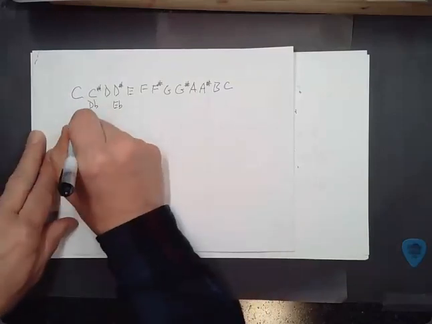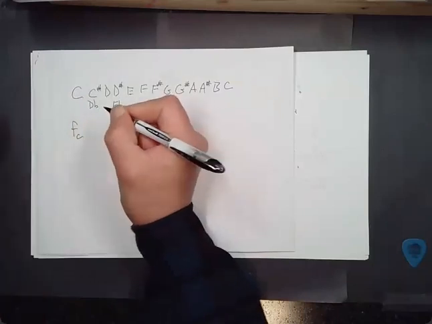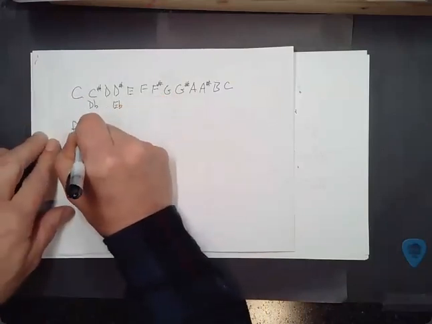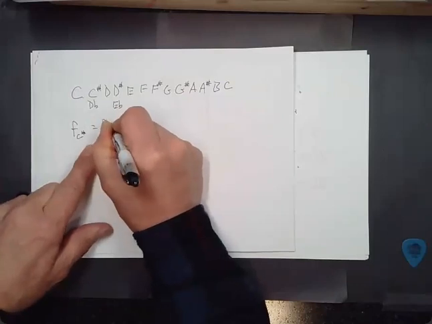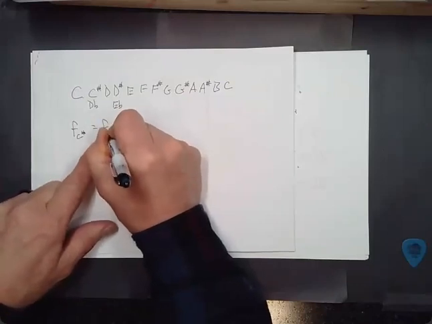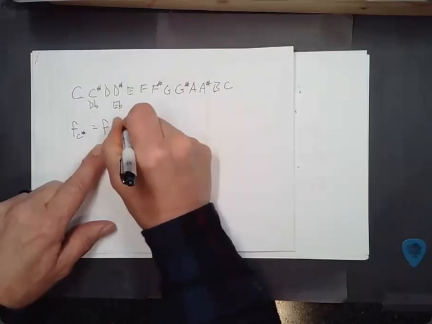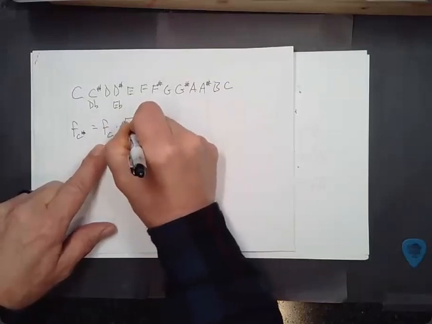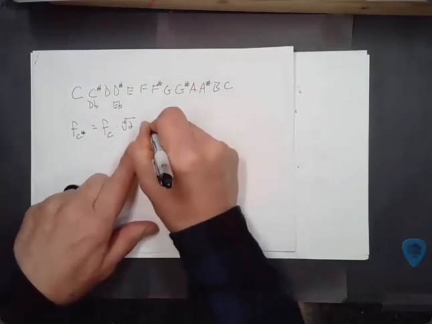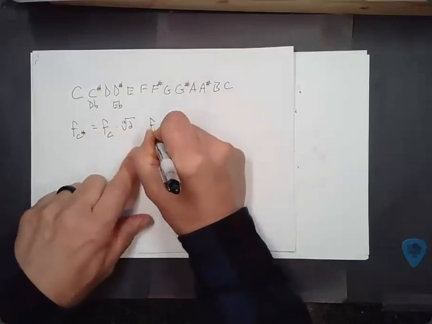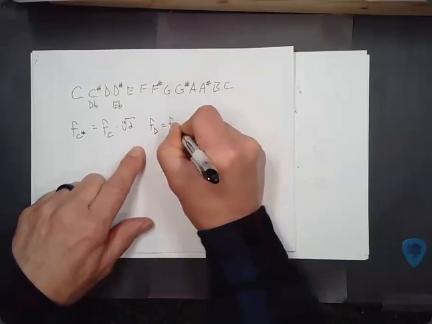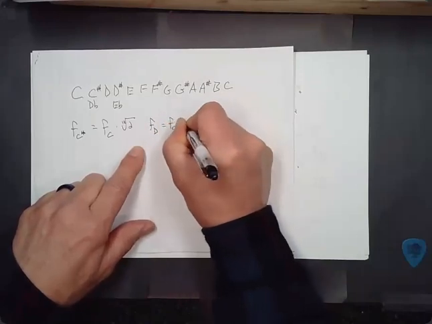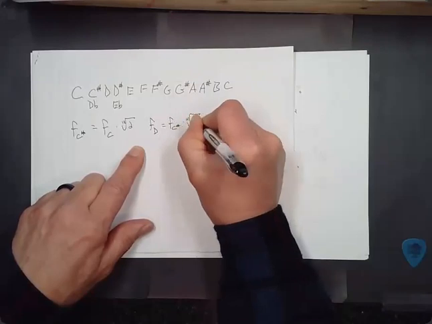Well, the frequency of a C is going to be some number, but the frequency of the C sharp is going to equal the frequency of the C times the 12th root of 2. The frequency of a D is going to equal the frequency of a C sharp times the 12th root of 2.